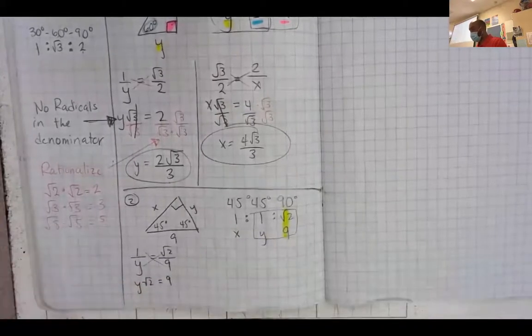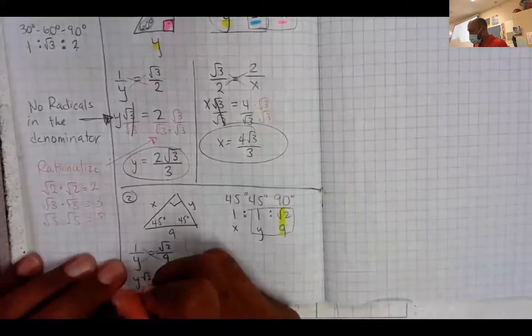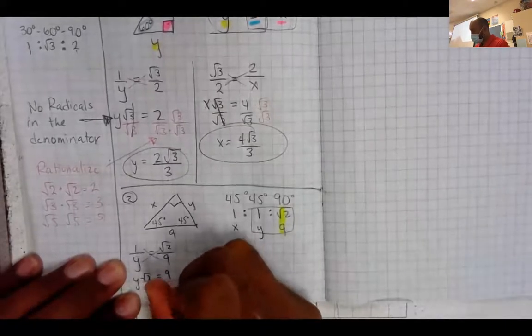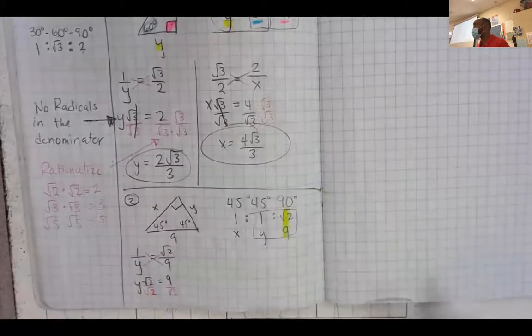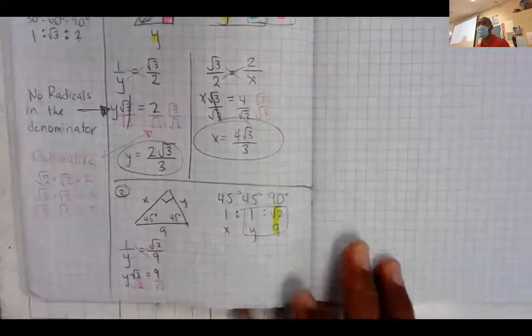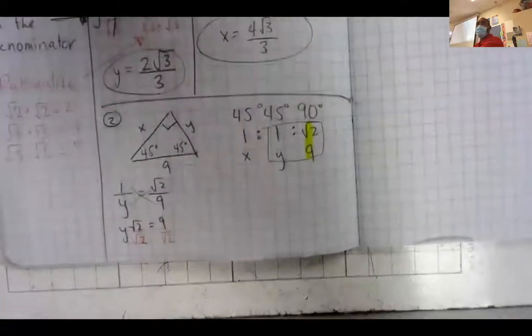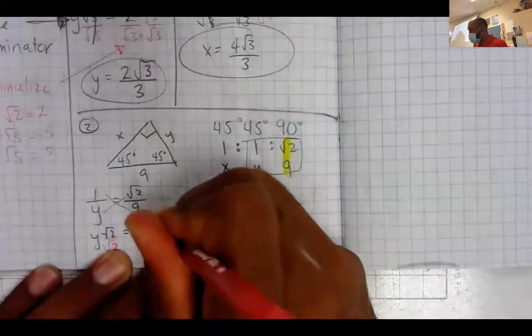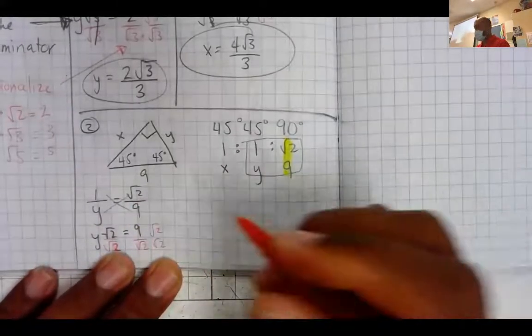And now, again, divide, just like before. And as you can see, here's another problem where you have to rationalize because the square root's on the bottom. So I'll multiply rad 2 times rad 2 on the top and the bottom.